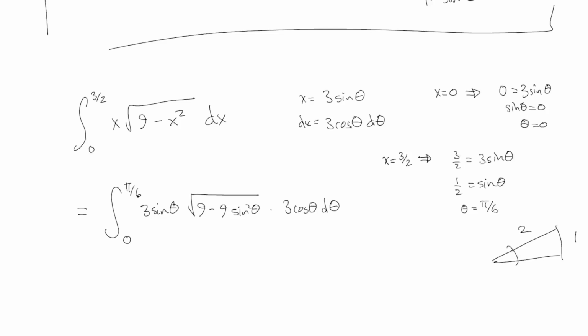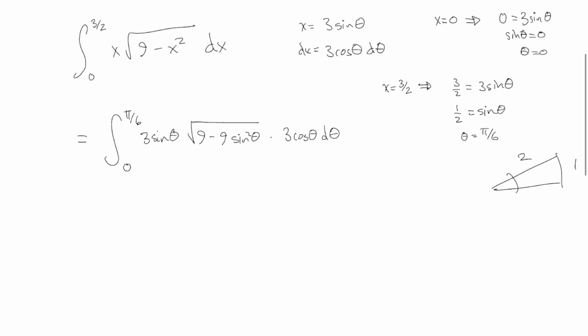And now we should try to simplify all of this as much as possible with the intention of eventually doing the integral. So I have a 3 on the inside of the integral, which can be taken out. And actually there's another 3, right? There's this 3 here and this 3 over here. Both of them can be pulled all the way outside the integral. So that's a 9 outside. And then I got sine theta in front.